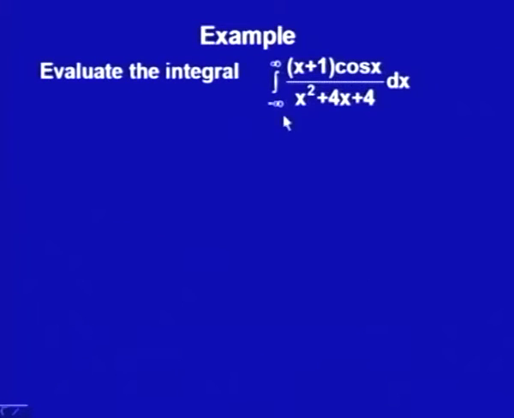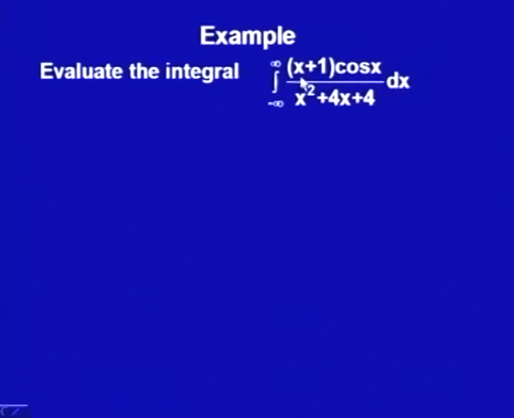Evaluate the integral from minus infinity to plus infinity of x plus 1 cos x upon x square plus 4 x plus 4 dx. Now, you see here we again have an integral of the form minus infinity to plus infinity f x cos x dx.